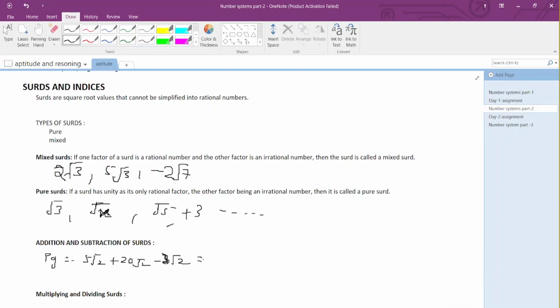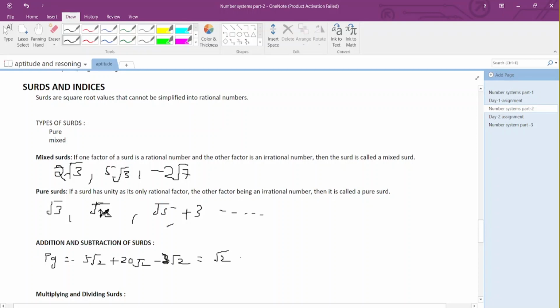So how we solve these kinds of questions is, first of all we need to find the common factors. Then we take the common factor out, solve the remaining expression, and after that we multiply. Understood? Now tell me, what is the common factor here?